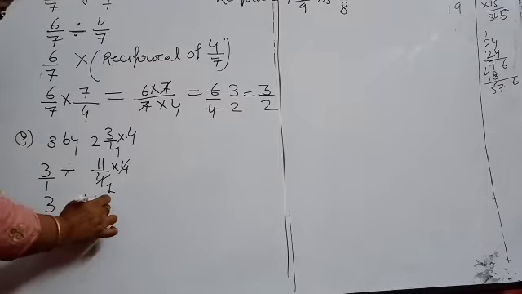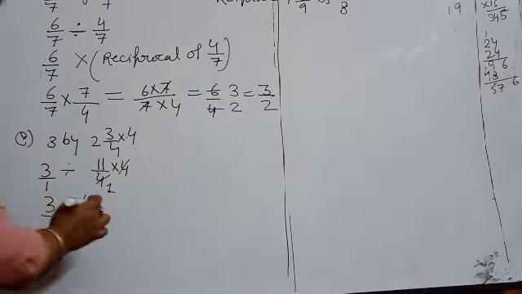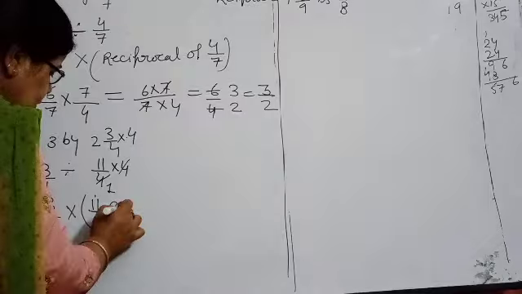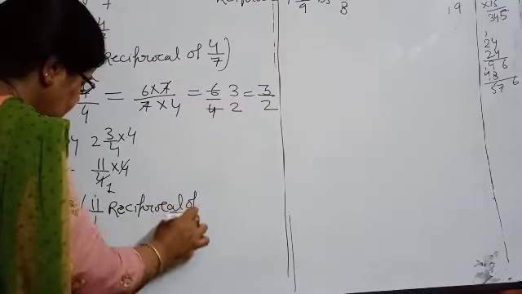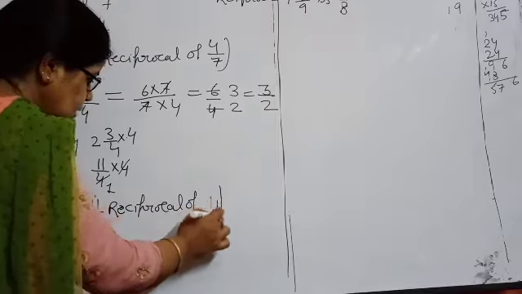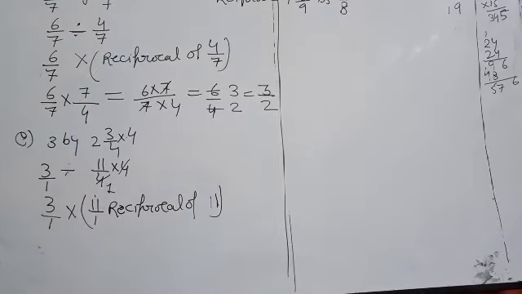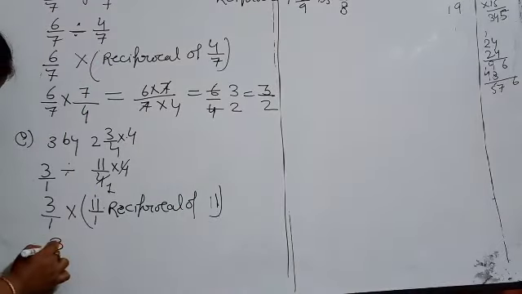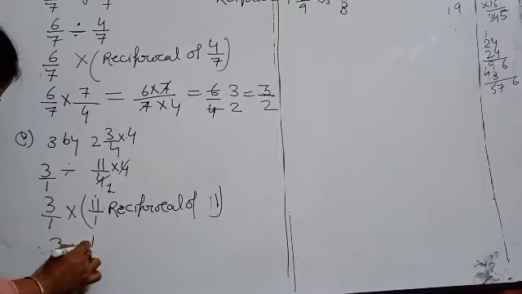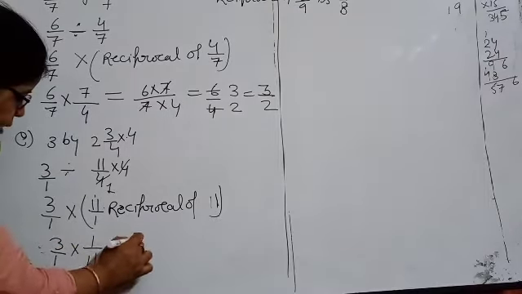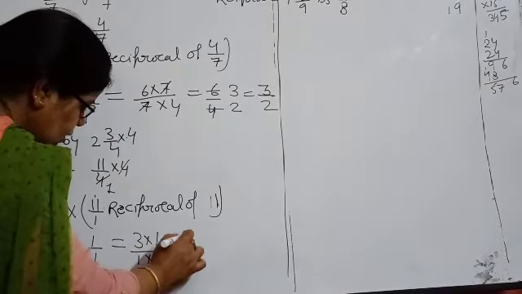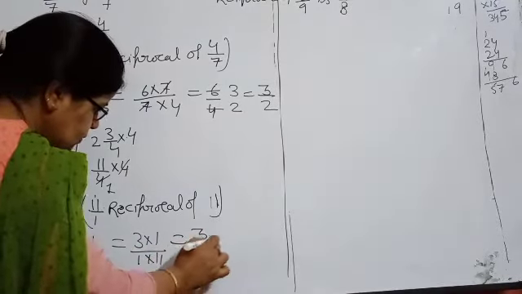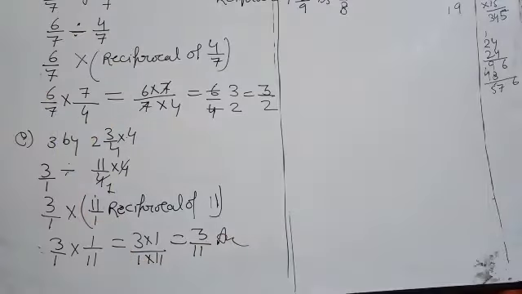So take the reciprocal of this one. Take the reciprocal of 11, otherwise the children will be confused. That's why I am doing it in detailed form. So it will be 3/1 into 1/11. So 3 into 1 over 1 into 11. So 3 ones are 3 and 11 ones are 11. So your answer is 3/11.